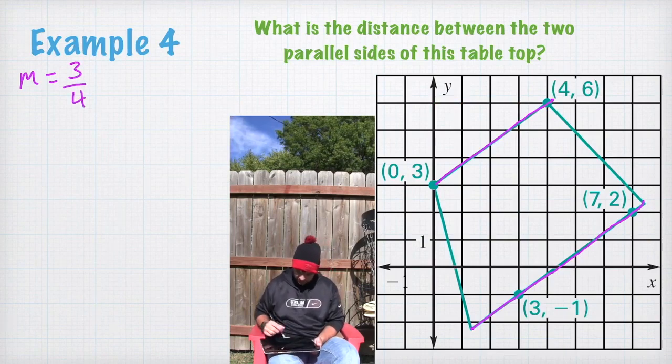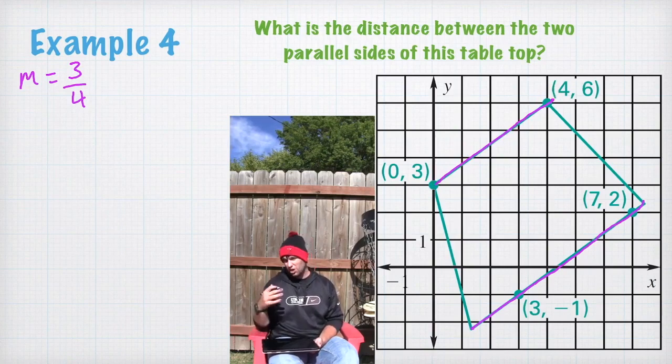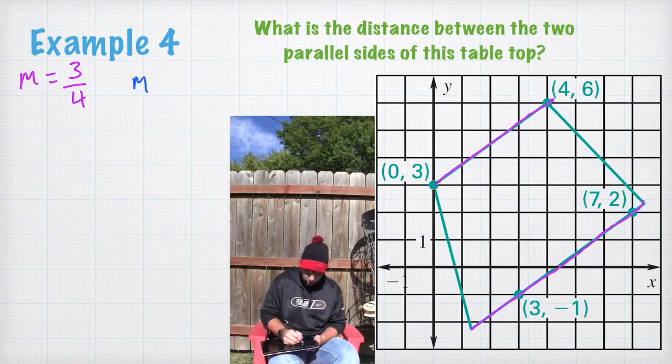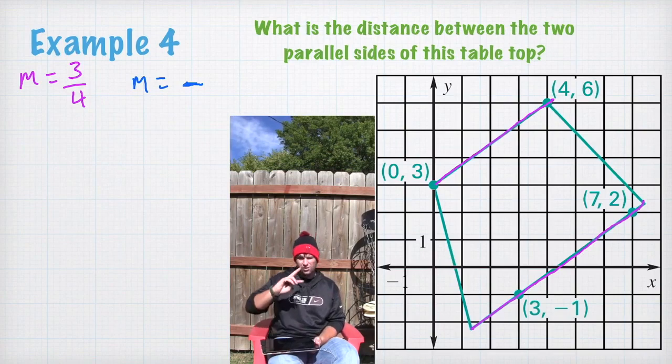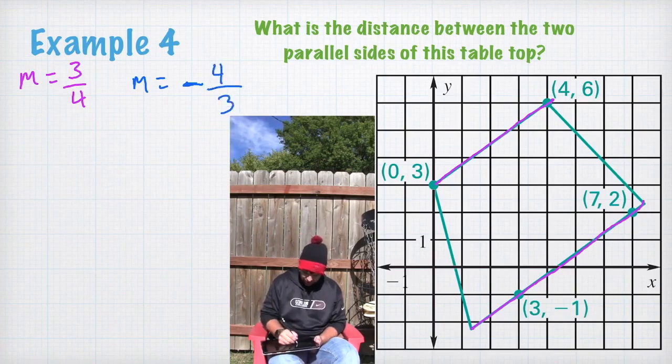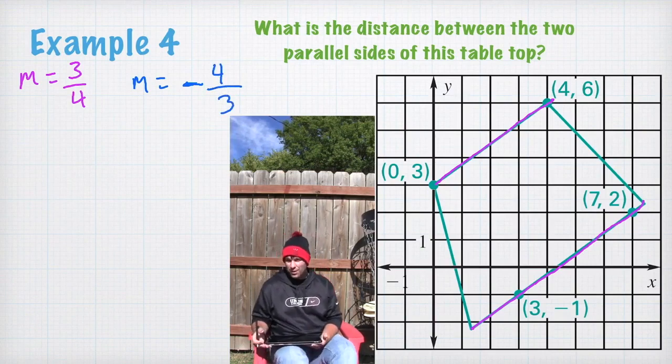Positive slope, right? Left to right is going uphill. So we know that our new slope is going to have to be negative, and it's the reciprocal of 3 over 4, so negative 4 over 3.